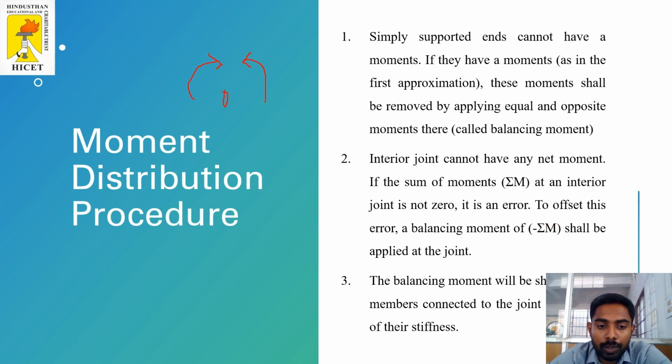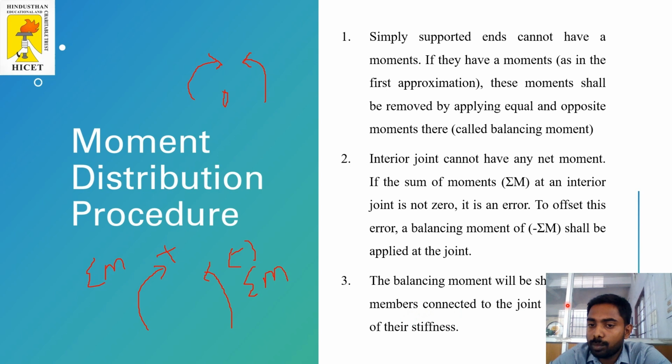If the summation of M is in the clockwise direction, which we take as positive, then the same moment is applied in the negative direction, so that a negative moment equal to the total shall be applied at the joint. And here the third point: the balancing moment will be shared by the members.